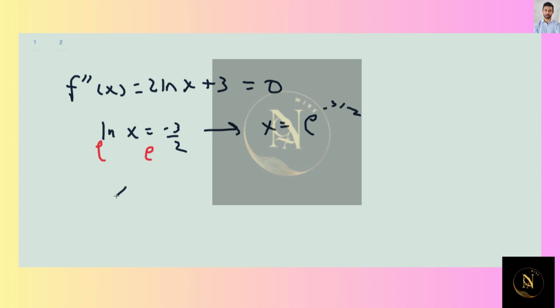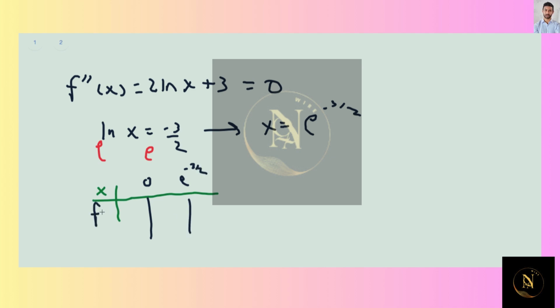So now we will create a sign chart to evaluate where our concavity is positive or negative. We're looking at the signs of f double prime, starting from 0 and e to the negative 3/2.